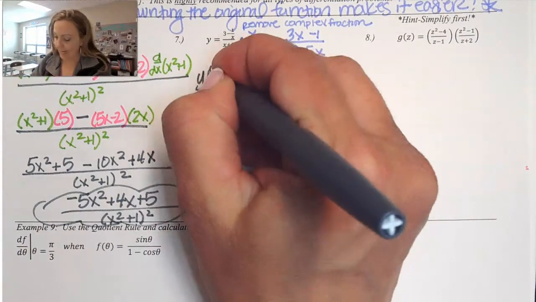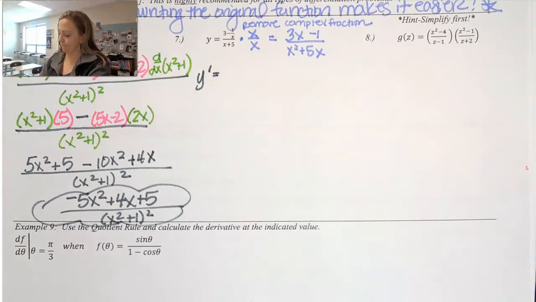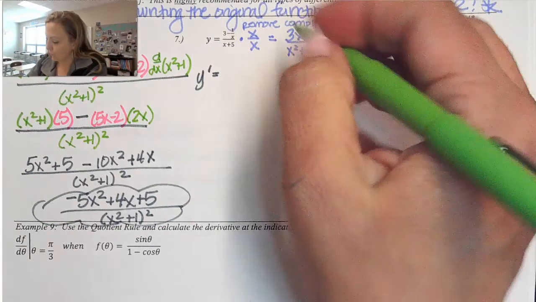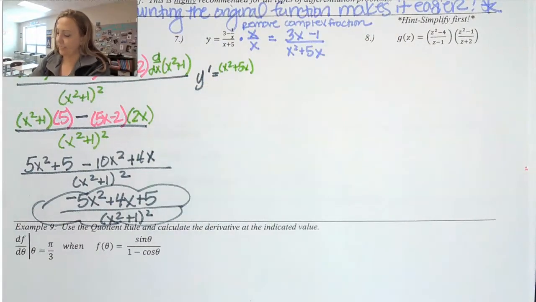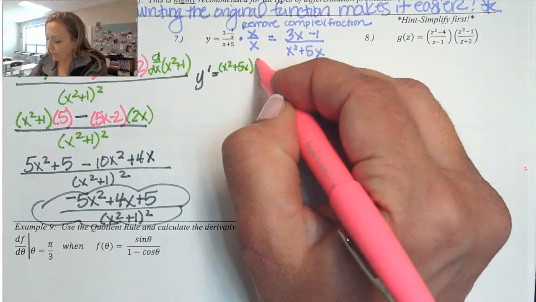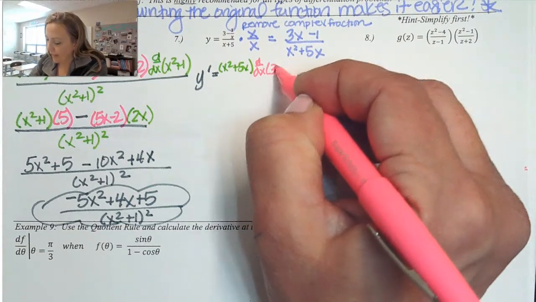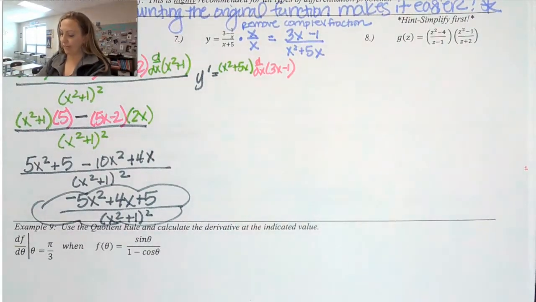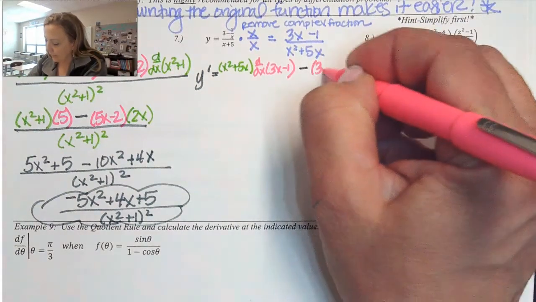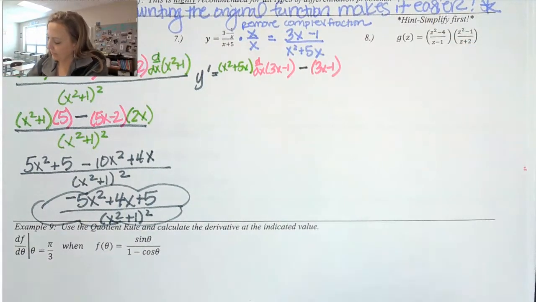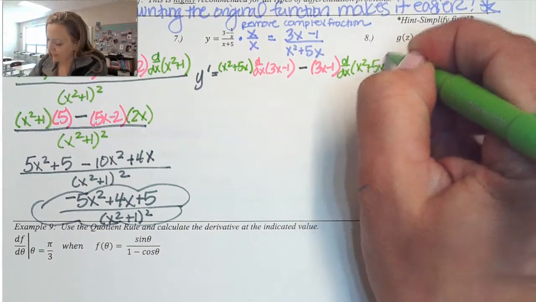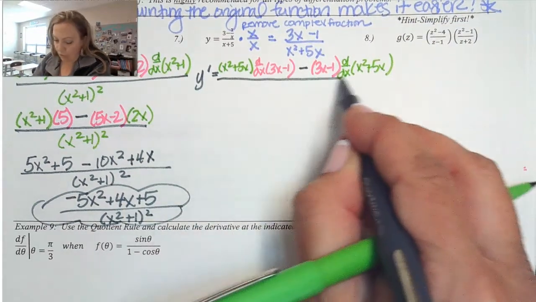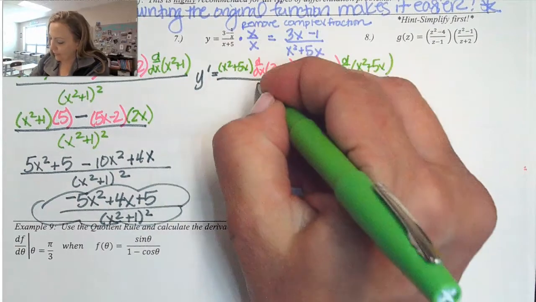So our y prime is going to be my low, which is now x squared plus 5x, times the derivative of the high one, so the derivative of 3x minus 1, minus high, 3x minus 1, d low, so times the derivative of x squared plus 5x, and then all over low squared.